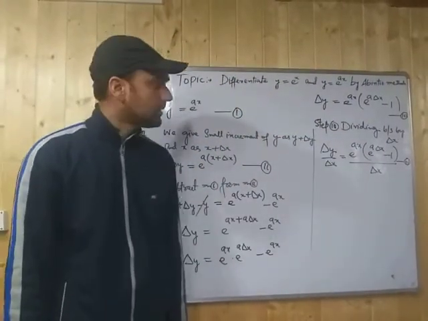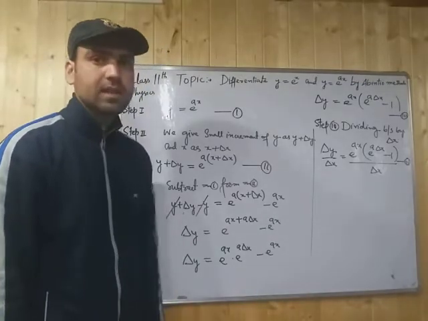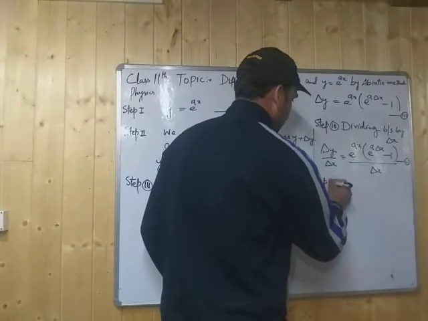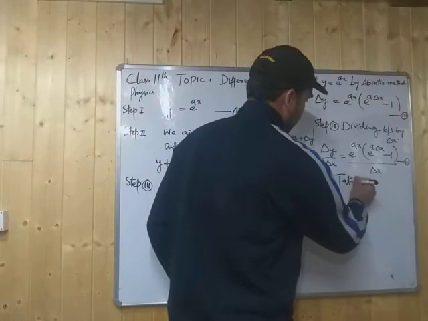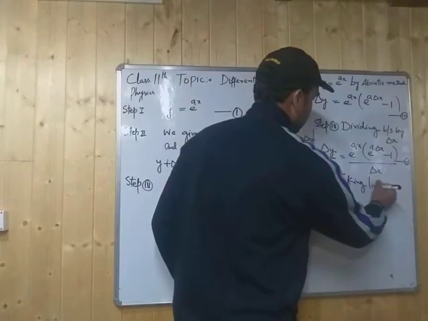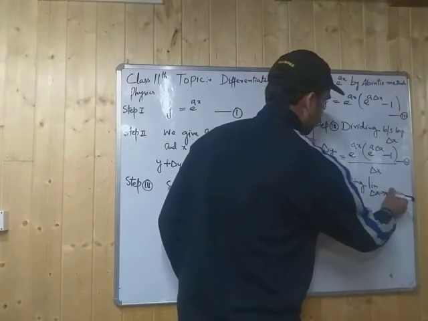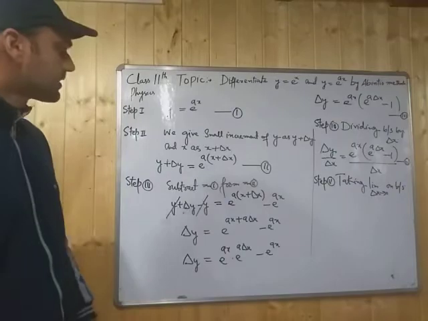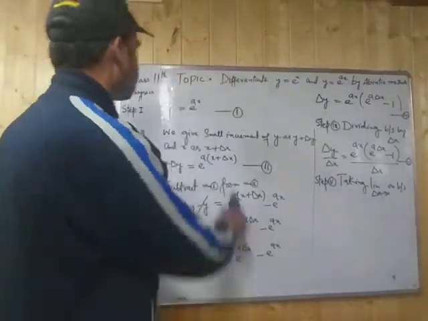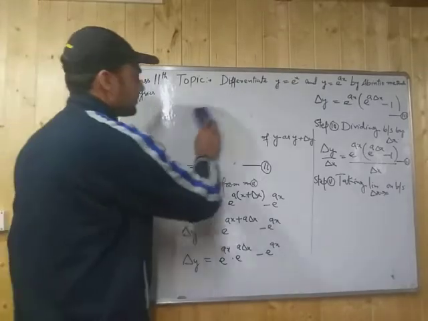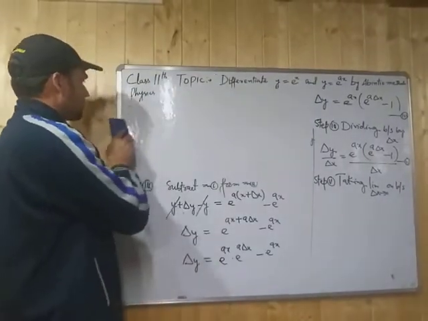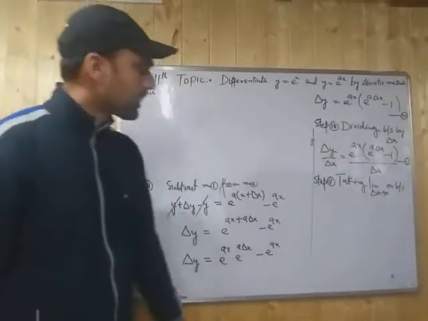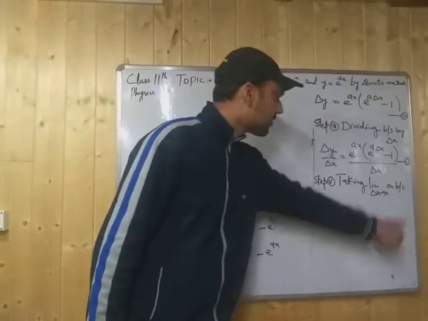Now our fifth step, the last step, is that we take the limit as del of x approaches 0 on both sides.